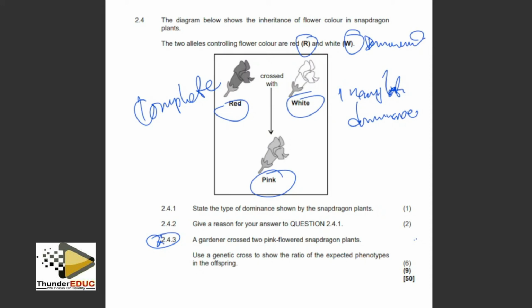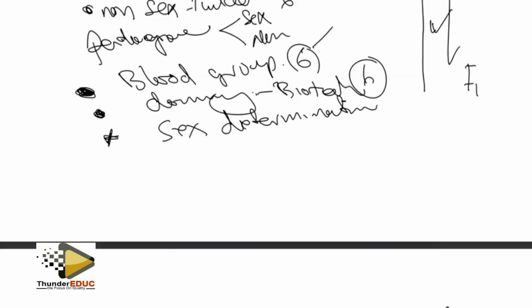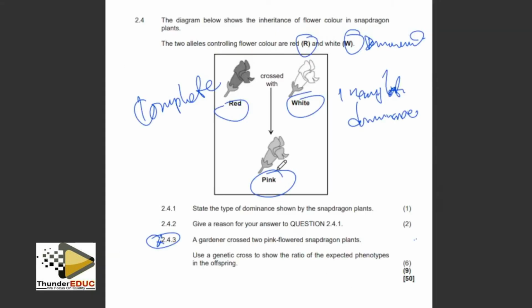They're saying a gardener crossed two pink flowered snapdragon plants. Using the genetic cross, show the ratio of the expressed phenotypes in the offspring. Now, remember I told you that the first thing you need to do is to write P1 F1. But in this case, they're saying they crossed two pink.